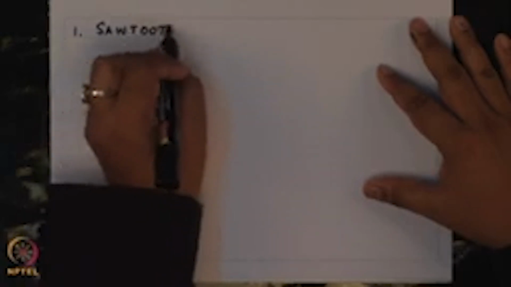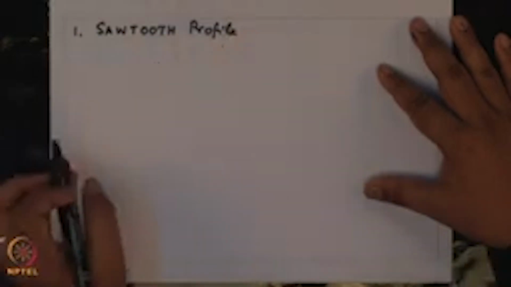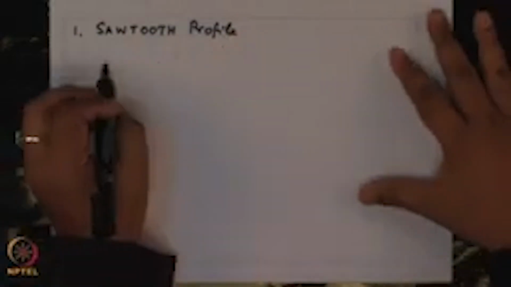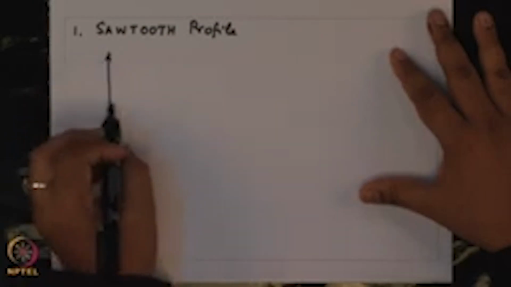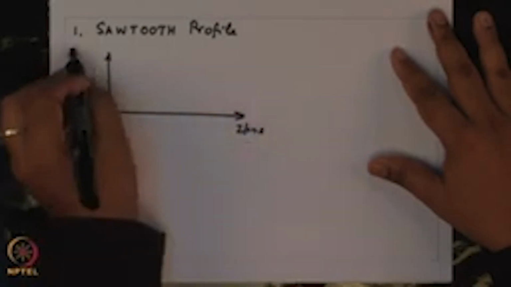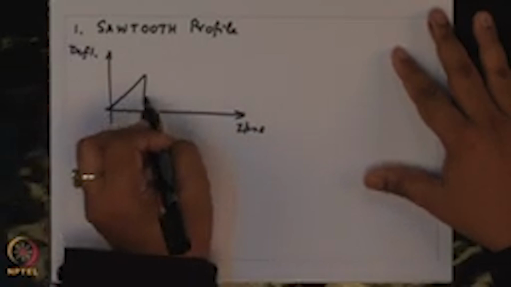First, I introduced the sawtooth profile. When you do protein unfolding studies with sparse concentrations and you pull a protein with an AFM, your sawtooth profile looks something like this.